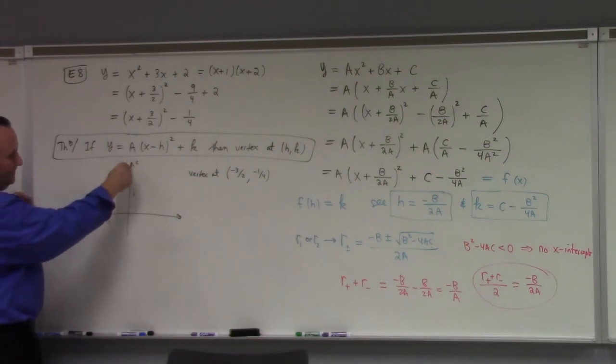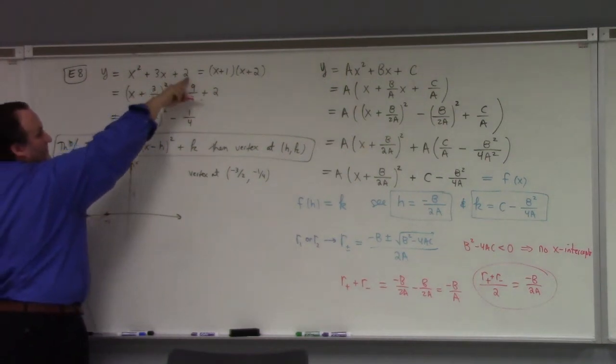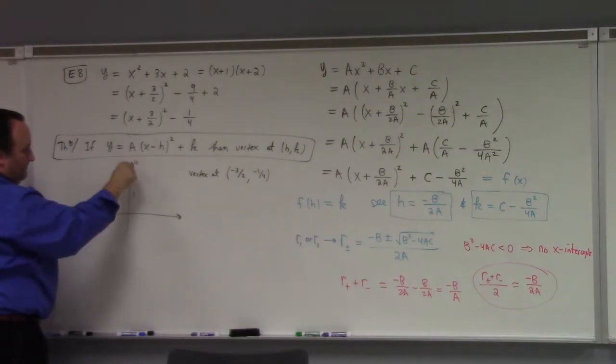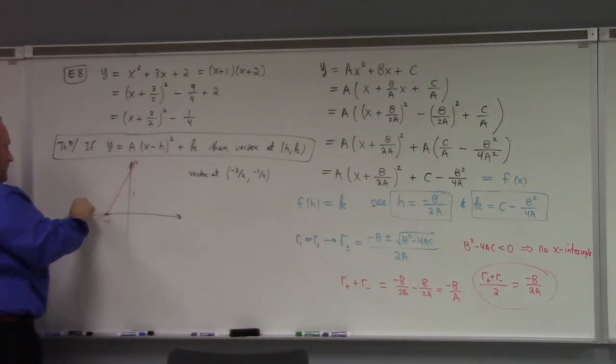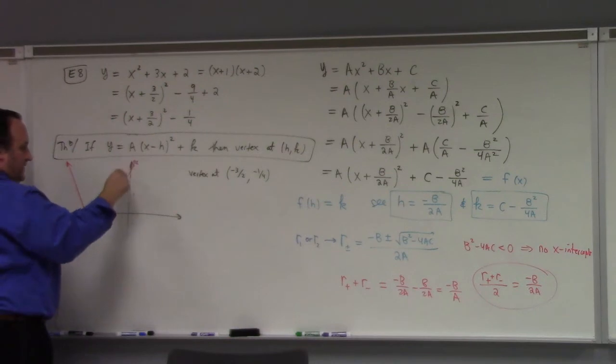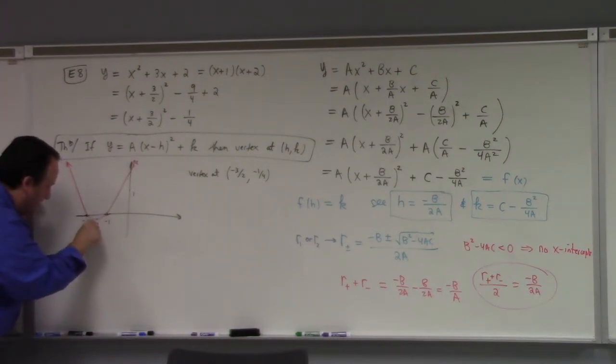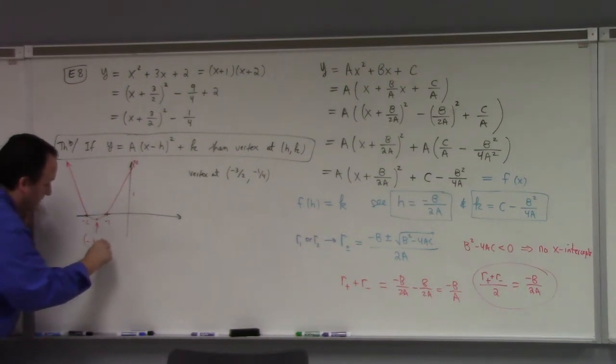So it's right here, right? It's 2. If I plug in 0, I get 2, right? So this is the graph like that. And the vertex right here is where? It's at -3/2, -1/4.